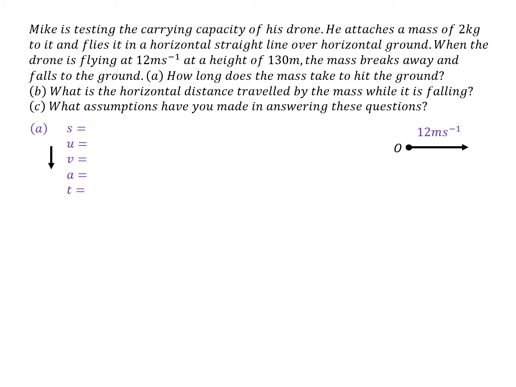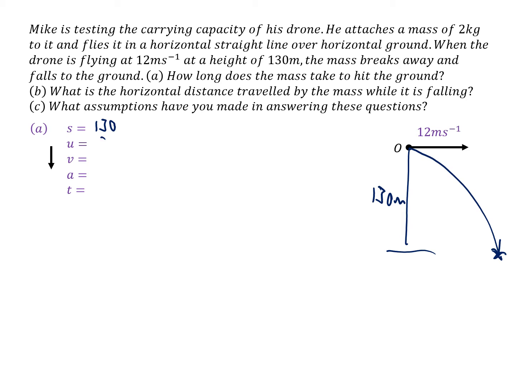The displacement, I'm looking at the 130 meters and looking at the object moving like that. So the displacement at the point where it hits the ground, or just before it hits the ground, is going to be 130.